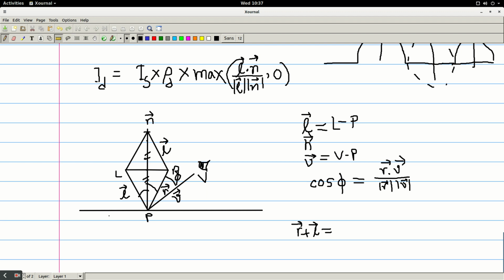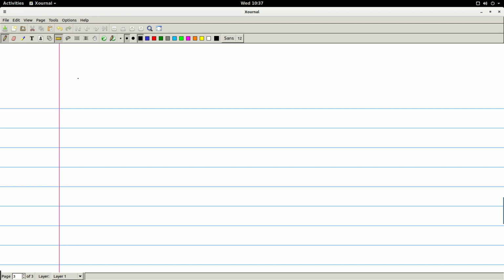Let me draw it in a different way that is probably more familiar to you. Let's say I have vector A and some vector B. So you've got vector A over here and another vector B right over here. If you want to add them up, what you need to do first is form a parallelogram.